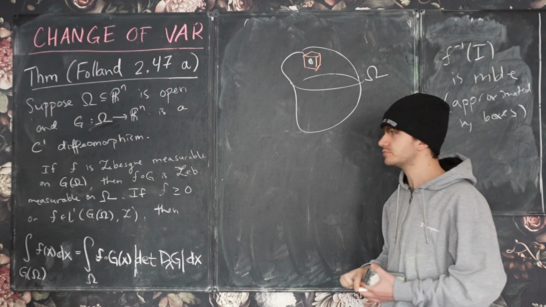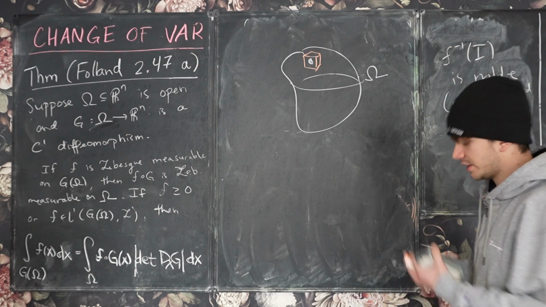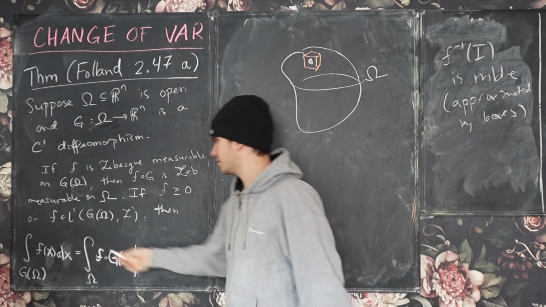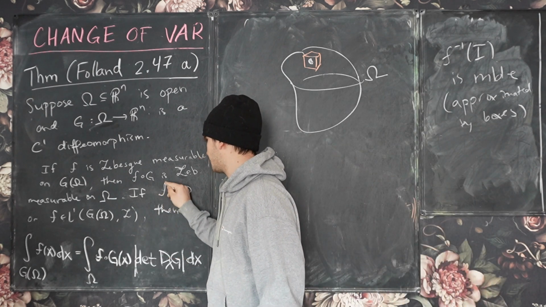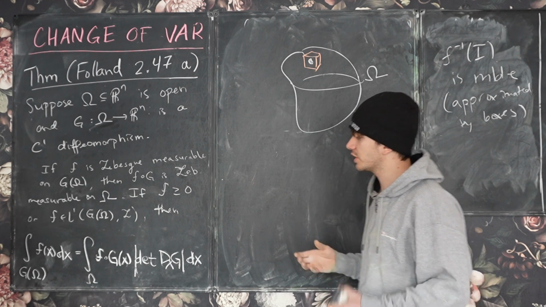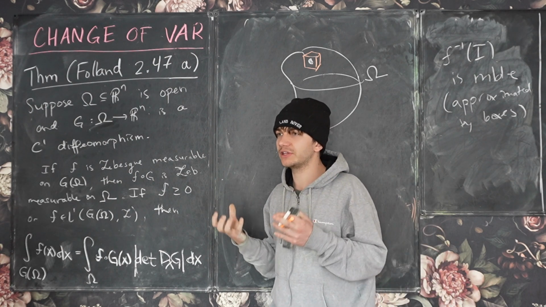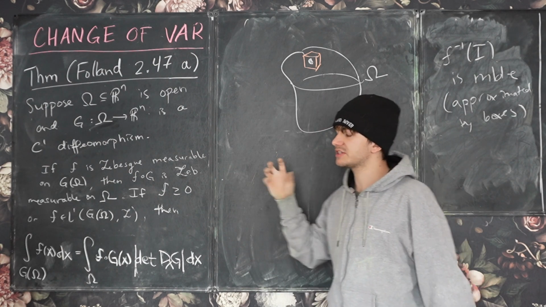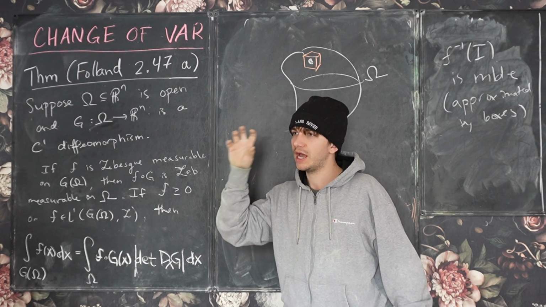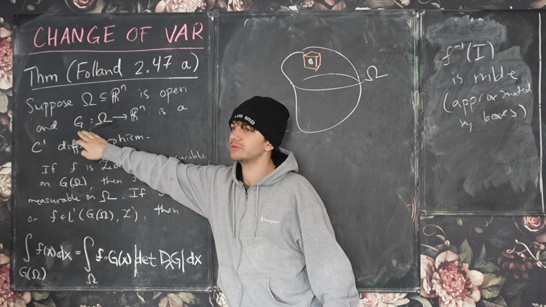Right? Okay. So let's talk about how you might show this theorem and how you can prove this theorem. So the idea is that we want to look at small cubes. I've just described the integration process is essentially splitting everything into small cubes. So now we need to focus in on each individual cube, and look at how each individual cube gets changed under the change of variables g.